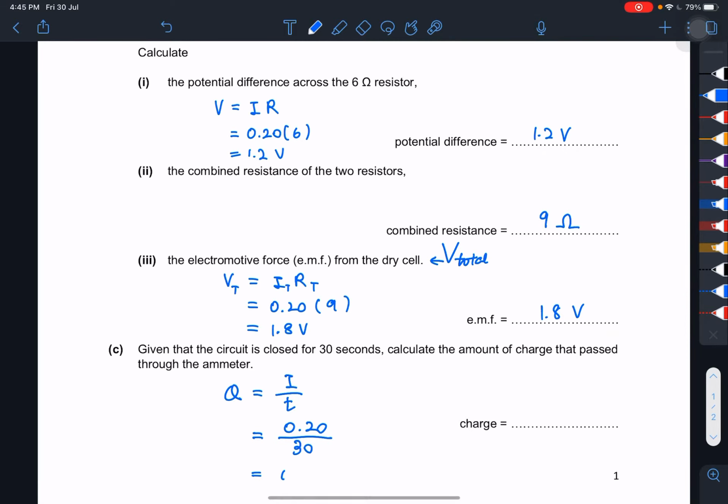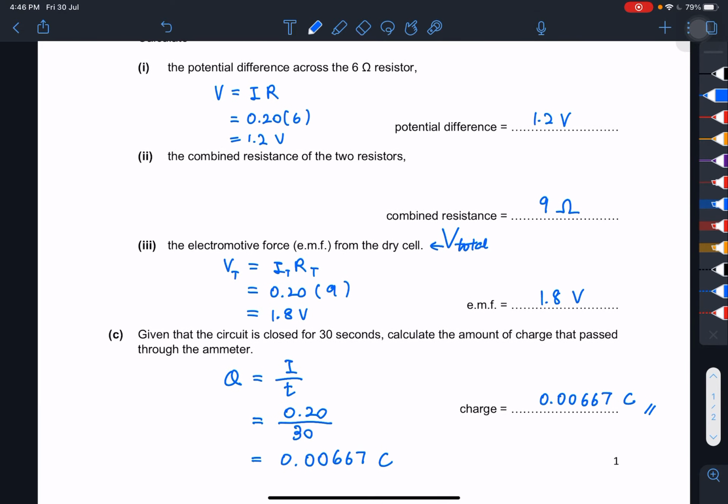So this would be 0.00667 coulombs. Even though this may be a small number, there's actually a lot of electrons for the charges that must have passed through. Alright, so this is the end of question 1.